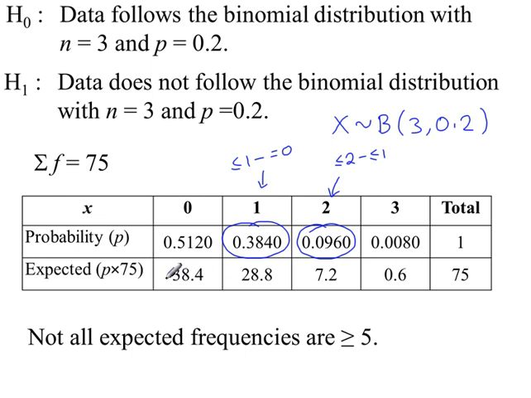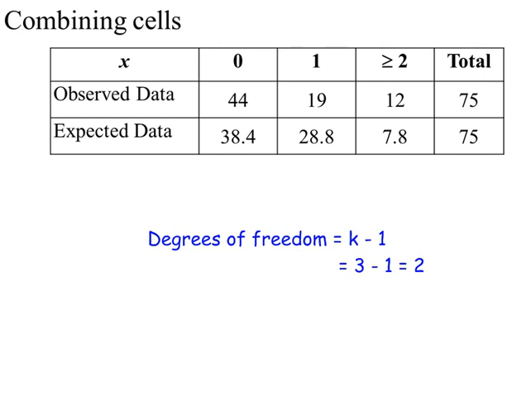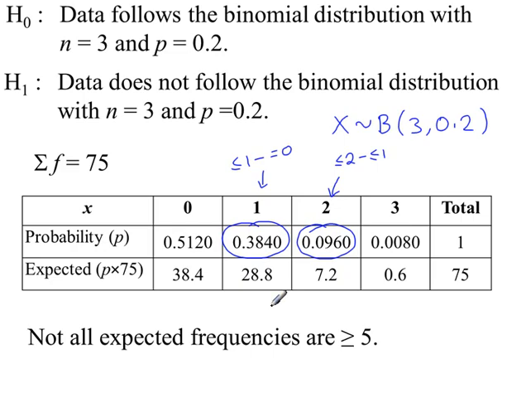So the sum of all of these expected frequencies should also be 75, the same as the sum of all the observed frequencies. The E-values should be at least 5, so we've had to combine categories together because this one here was less than 5.